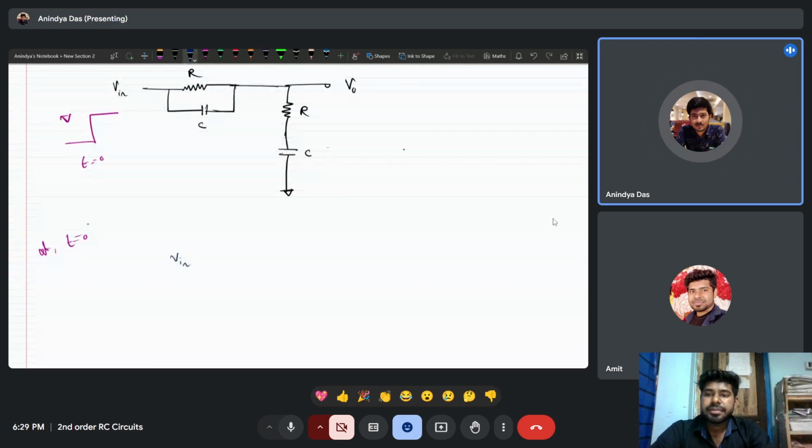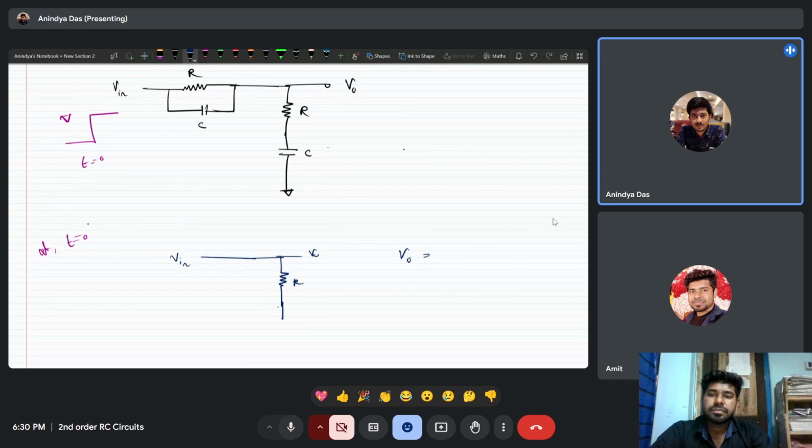So this will look like that. Here is R, and V0 will be whatever the voltage V in is, that means 5 volt. I just take this as a 5.